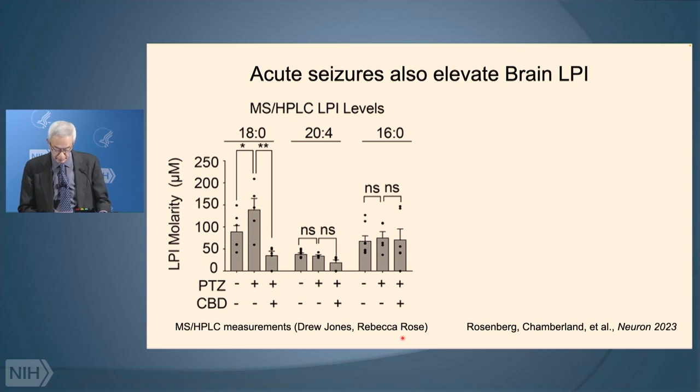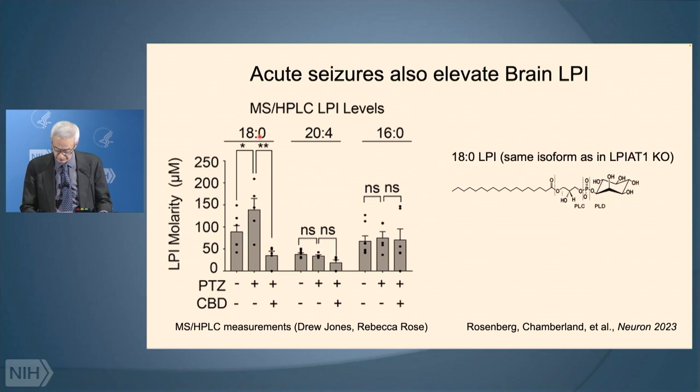And I want to point out that the particular isoform of LPI that is affected is the 18:0 isoform, 18 carbons, 0 double bonds. This is the classic stearoyl form of LPI that was the very form that was increased in response to the knockout of the enzyme that reconverts this back into PI. So there is an alignment between genetics and biochemistry.